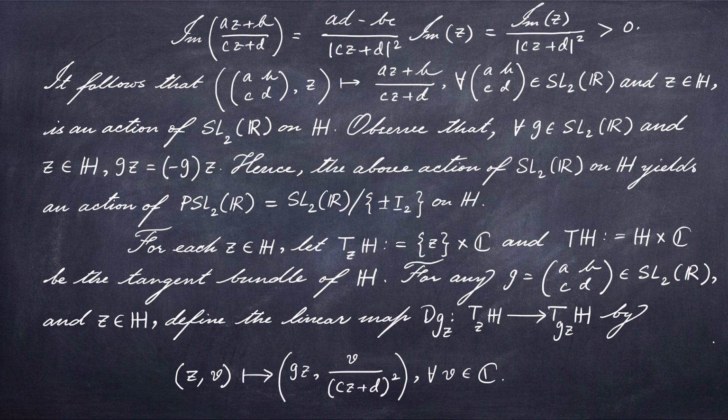So for each G and each Z we have a map from the tangent space at the point Z to the tangent space at the point GZ.